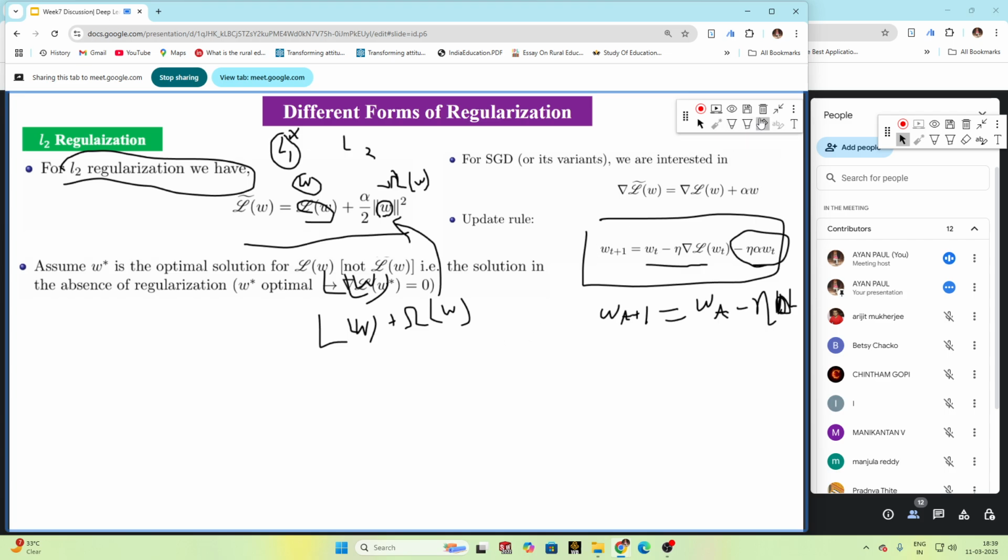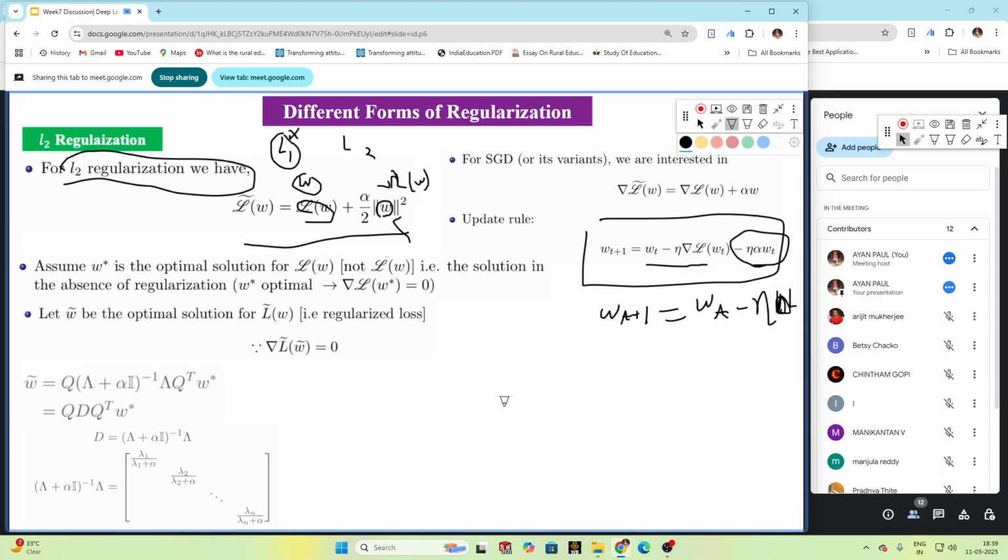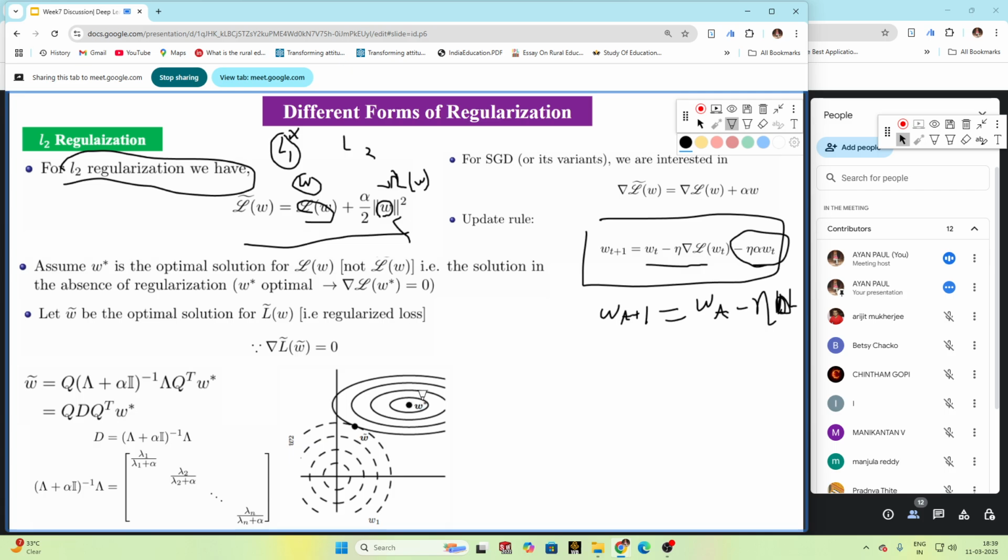Now if I show you by diagram, whenever we are not doing regularization, our optimum weight was w star. But as we have done the regularization, we have restricted the weight, so w star becomes w tilde. It is nothing but decreasing the weight. You can see in your lecture notes how this is proved.